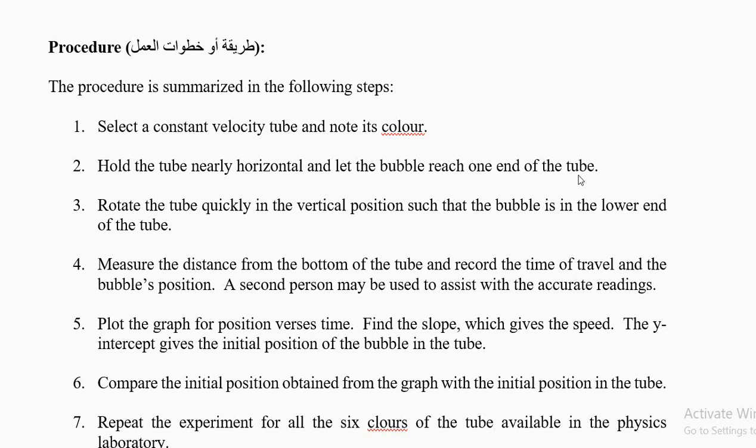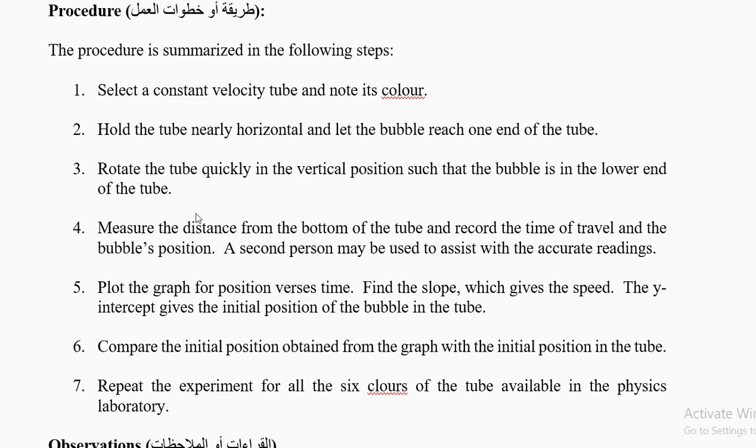And then you will rotate the tube very fast and make the tube vertical. Then the bubble will be at the bottom of the liquid and will start slowly rising to the surface. And you'll be studying the motion of the bubble rising from the bottom to the surface.